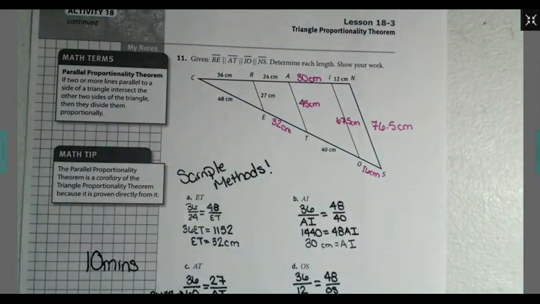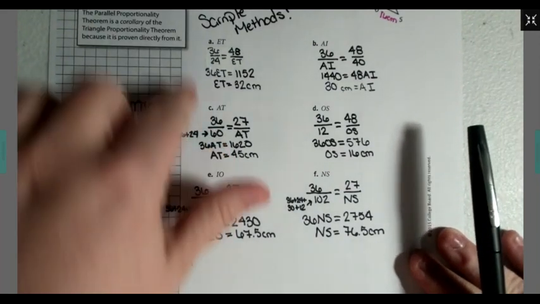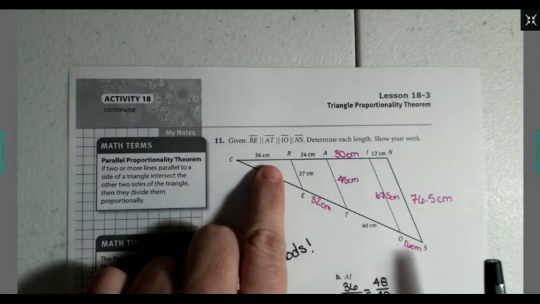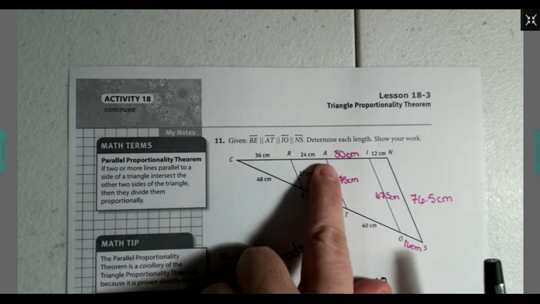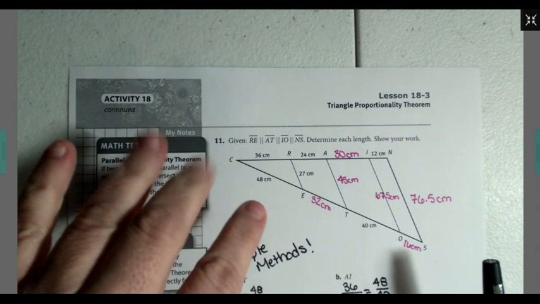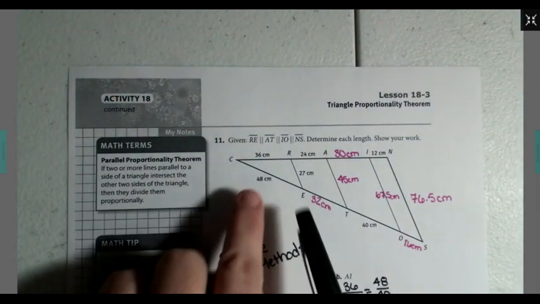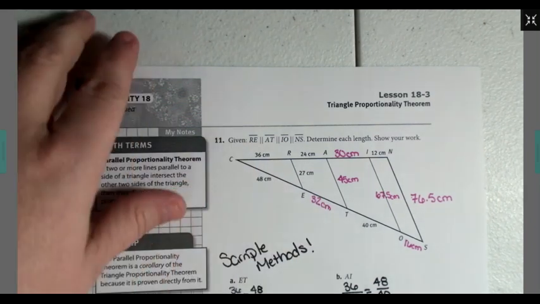So whenever I set up to find AT, let me see if I can find that one. Right here, I did 36 over 60. So 36 over the whole thing equals 27 over AT. So whenever you're doing these pieces, you have to add your segments together.